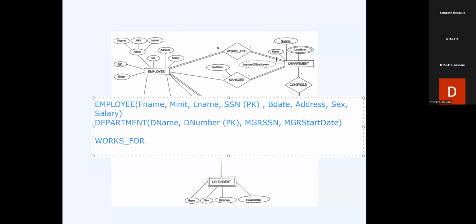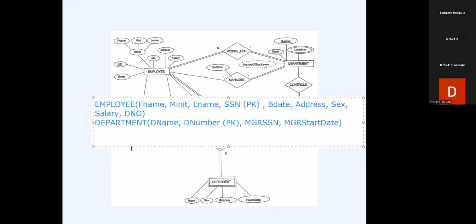So what you do here is you take the department number and put it in the employee side. Here we can put the department number, so that all the employees belong to a particular department, isn't it?